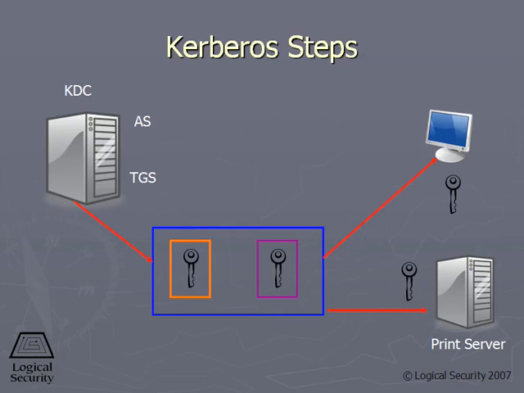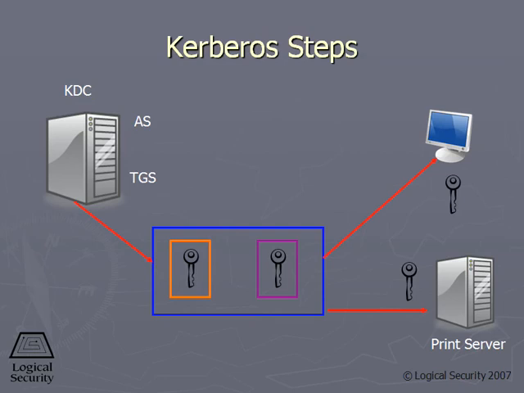All the principals trust the KDC. So when I send a ticket over to the KDC and say, hey, I need to talk to the print server, the KDC is going to make a ticket where one of the keys is encrypted with the print server's secret key.